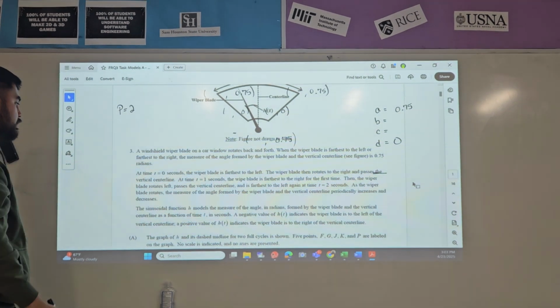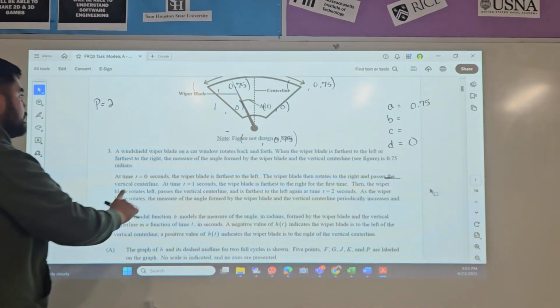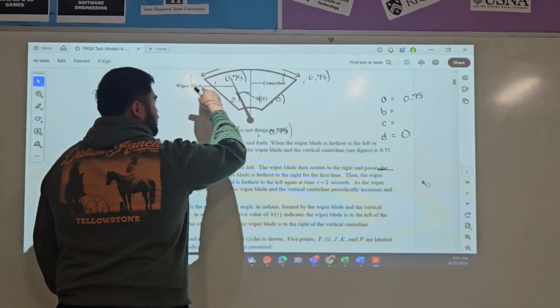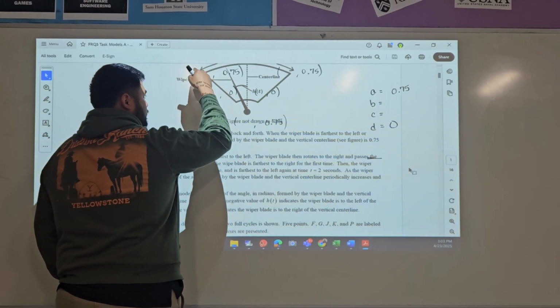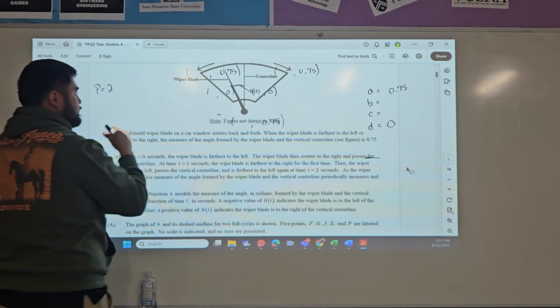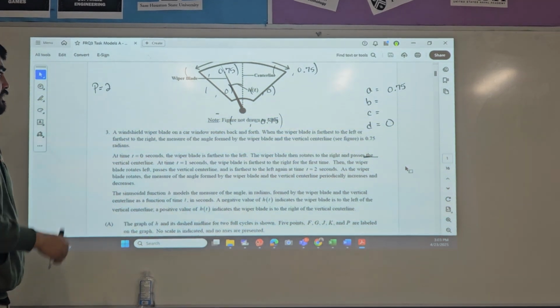Because we did one whole rotation from the left all the way to the right, and then getting back to the left, where I started, I ended, that means I have a cycle, which took 2 seconds.